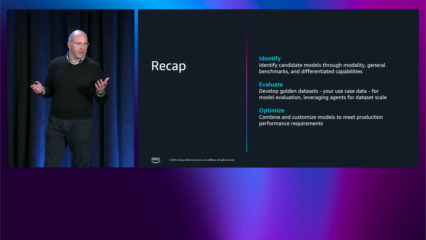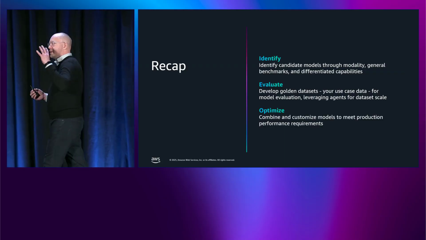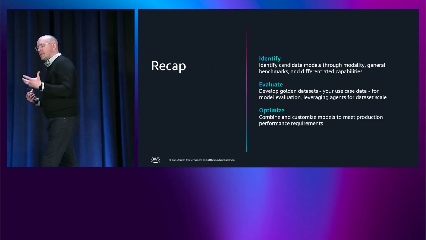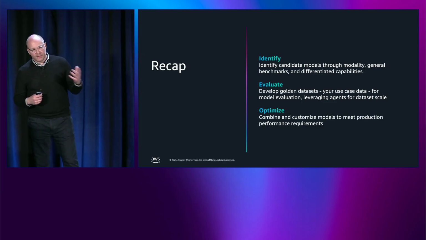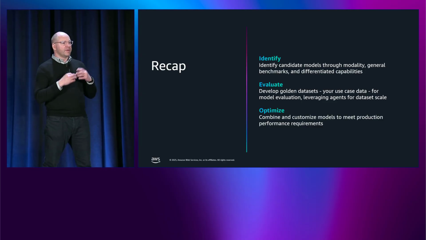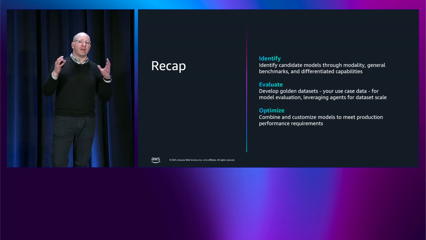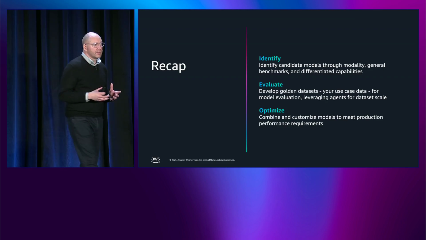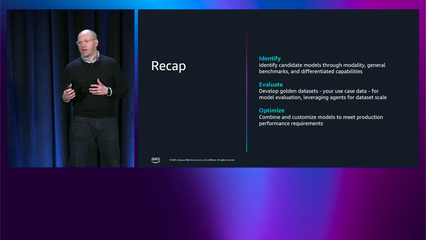Quick recap. We want to reconsider what we talked about today. 3 steps: identifying models, look at the general benchmarks, consider modalities, and pick good candidate models that are relevant for your use case. Next step is evaluate.